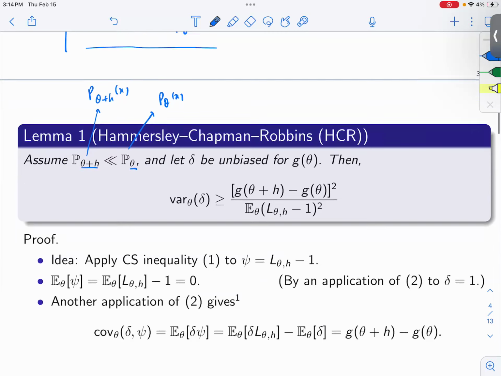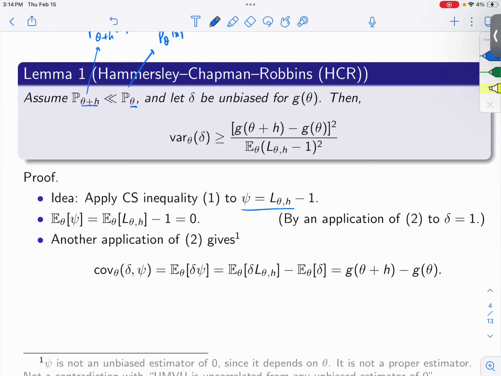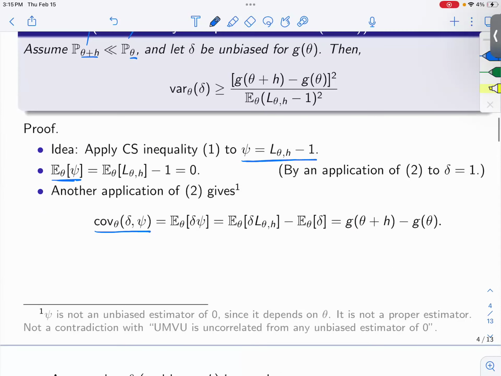And the way it works is we take psi to be this likelihood ratio minus 1 in the Cauchy-Schwarz inequality. What you end up showing is that the expectation of psi under theta is 0, and the covariance of delta and psi ends up being that. So if I write the covariance inequality of Cauchy-Schwarz, I get the covariance of psi and delta squared divided by the variance of psi.